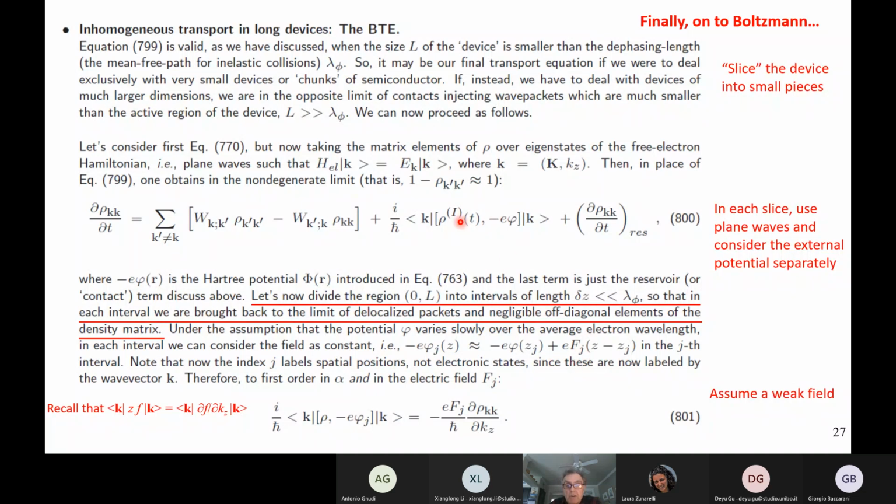Now, in this commutator here, we'll have the density matrix, which is c dagger c, and the only variable that I have here is the variable z, which is the position operator along the z coordinate.